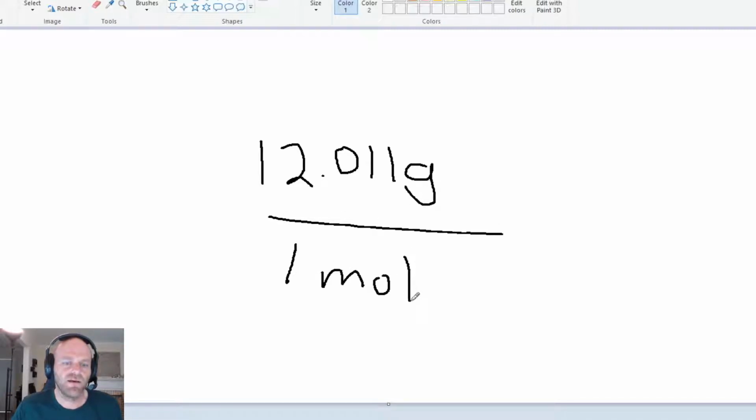All right, so it's interesting that it all sets out this way. It's kind of the way we created it, or scientists have created it, so that 12 grams of carbon is exactly equal to 1 mole, or 6.02 times 10 to the 23rd carbon atoms.